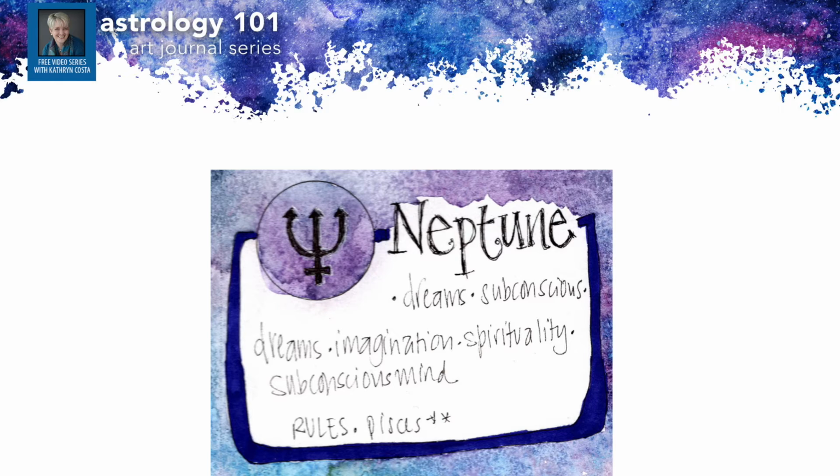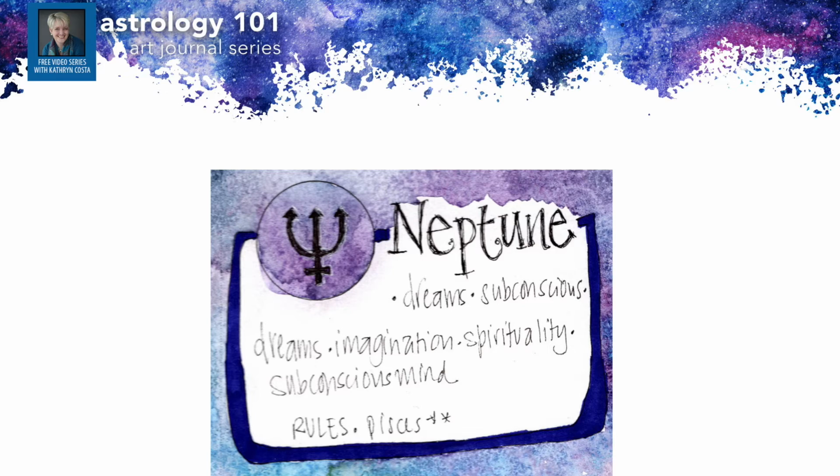Neptune relates to your dreams, your subconscious, your imagination, your spirituality, and it rules Pisces. And the glyph looks like Neptune's trident, where Neptune is the god of the deep seas. It is a natural connection to have it rule Pisces.